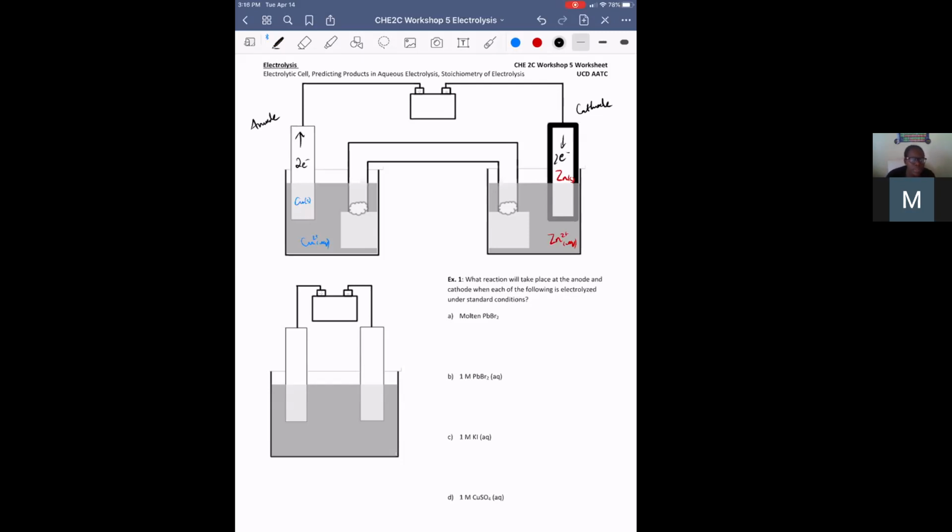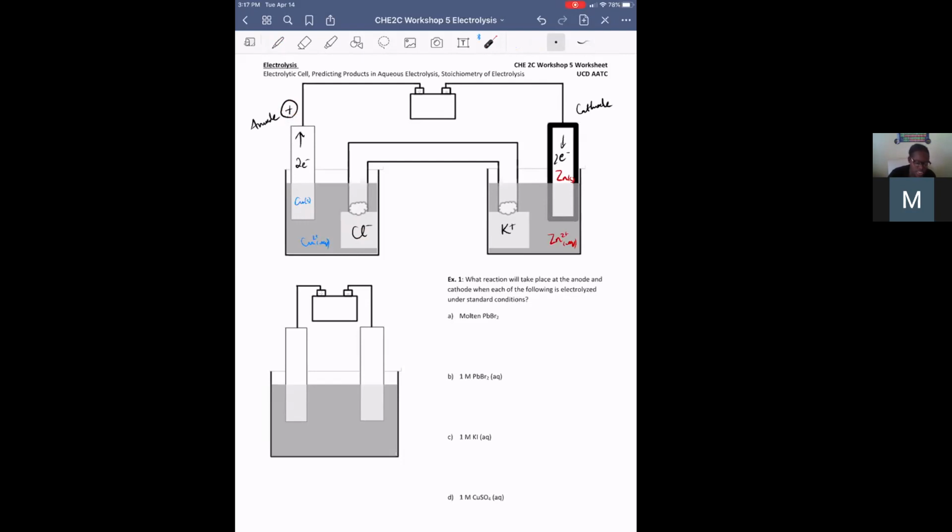And then finally, we put all of this together with our salt bridge. In our salt bridge, we want potassium, our positive ion, to go to our cathode, and our negative ion to go to our anode. That's because our anode has a positive charge, so we want to regenerate negative species there.